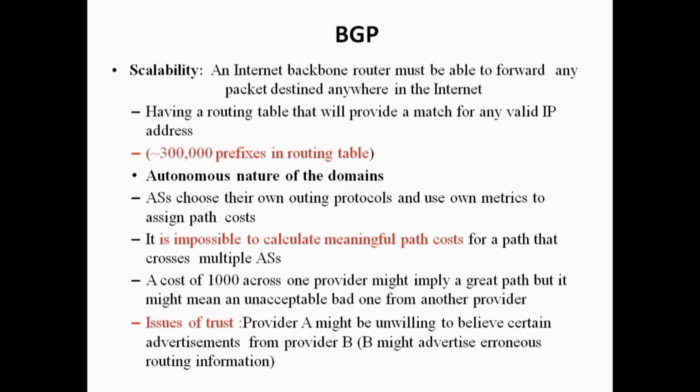An autonomous system chooses its own routing protocol and its own metrics to assign path cost. But it is impossible to calculate a meaningful path cost for a path that crosses multiple autonomous systems. So definitely there will be issues of trust.